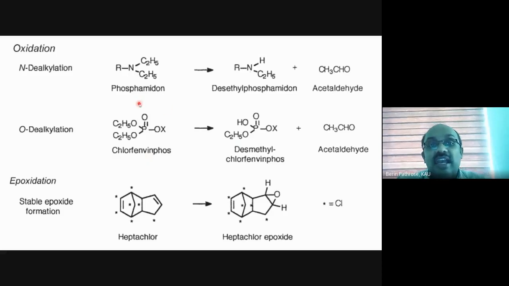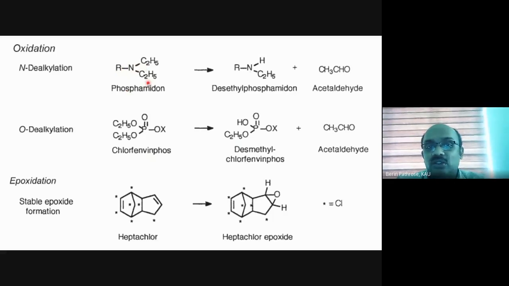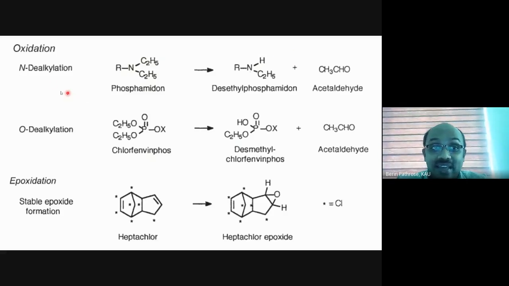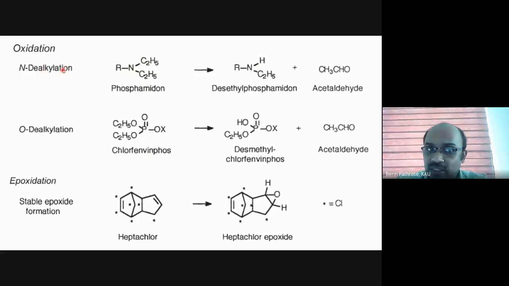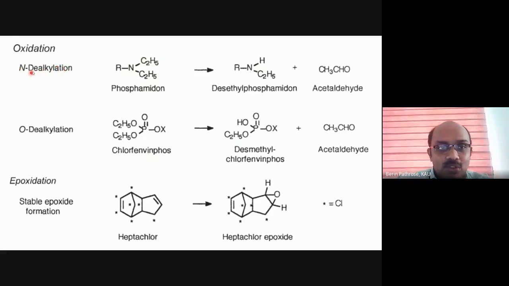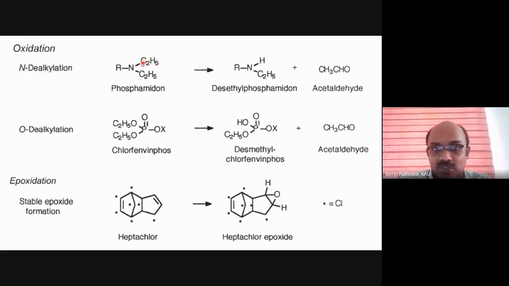What is N-dealkylation? N-dealkylation is nothing but the removal of an alkyl group from the nitrogen, the amine group. In phosphamidon, from this amine group, the alkyl group C2H5 will be removed. Alkyl group will be removed from the nitrogen position.